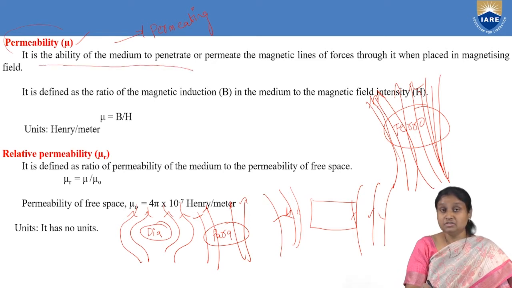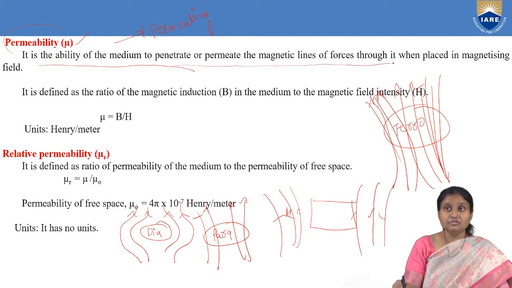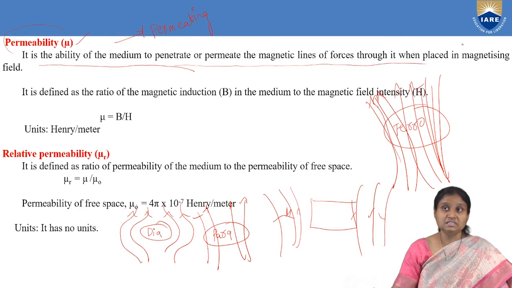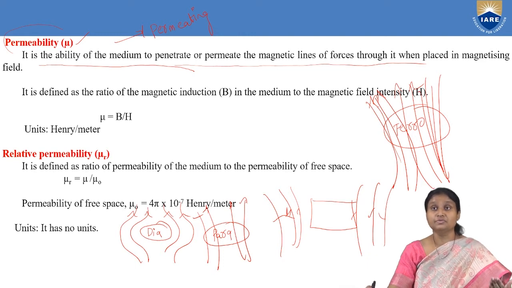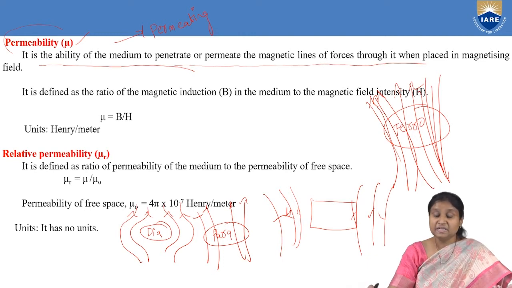Permeability is the ability of the medium or material to penetrate or permeate the magnetic lines of forces through it when placed in a magnetizing field.